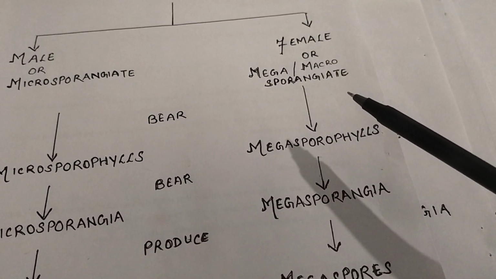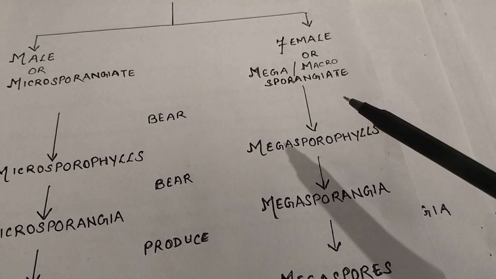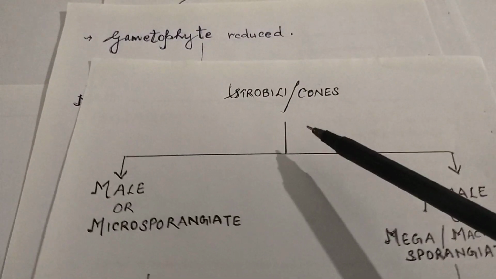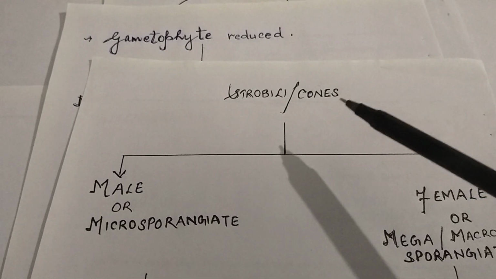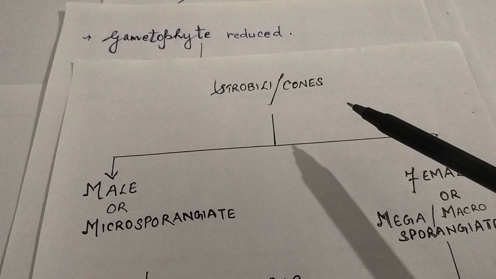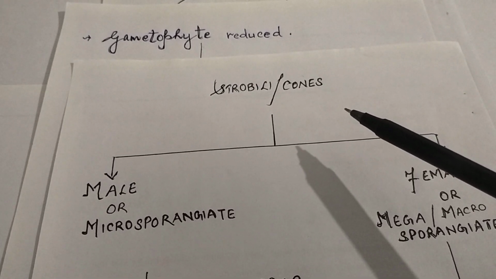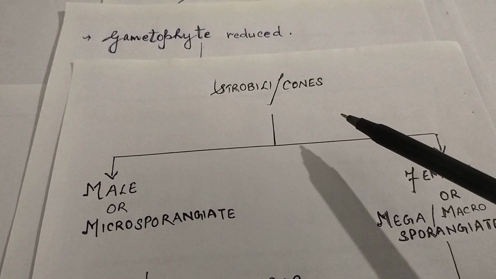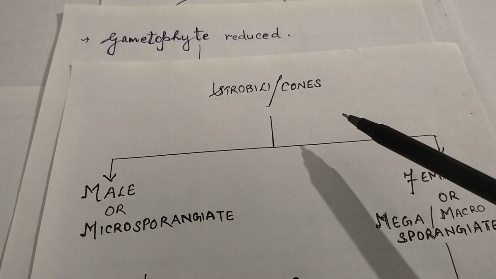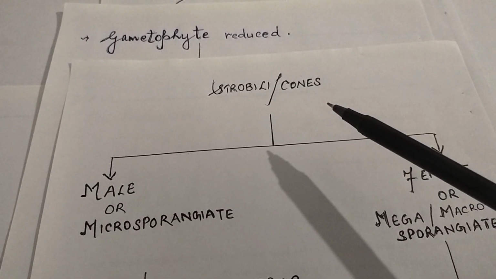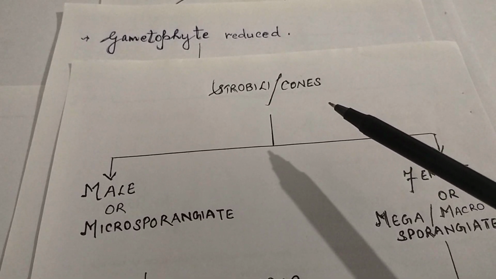Now these male and female cones which I've studied here, listen carefully, they may be found on the same tree or they may be found on different trees. Means in some cases, the male and female cones or strobili may be found on the same tree.